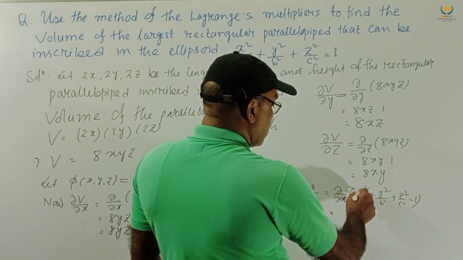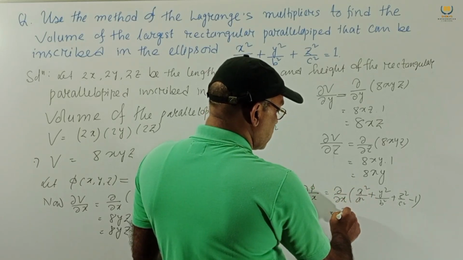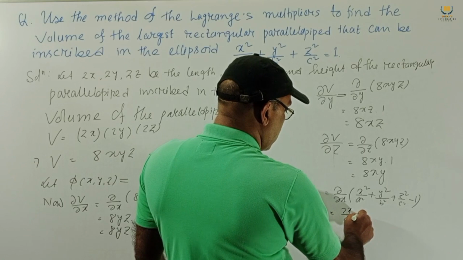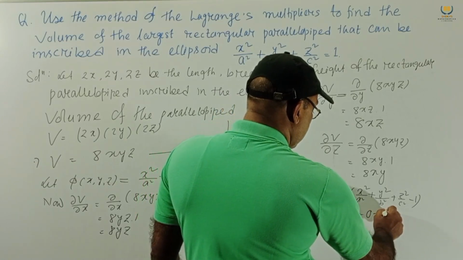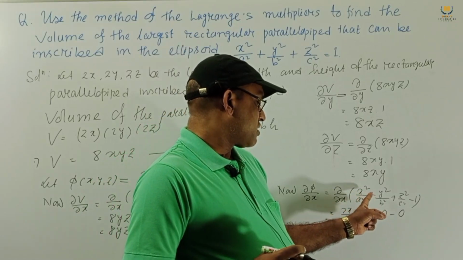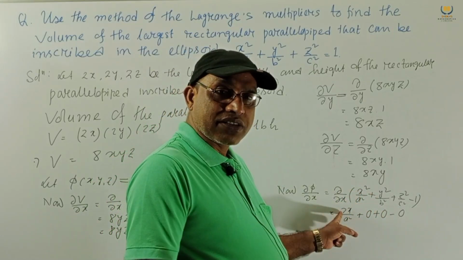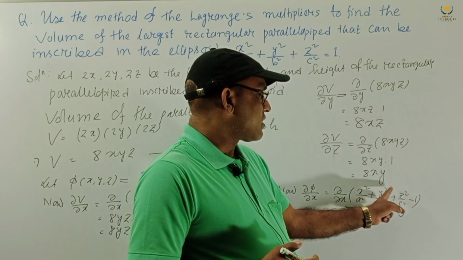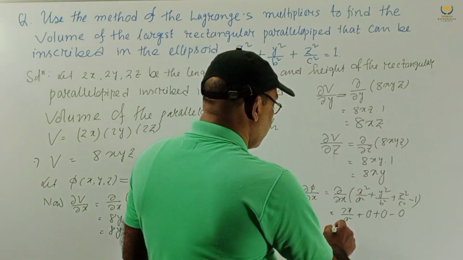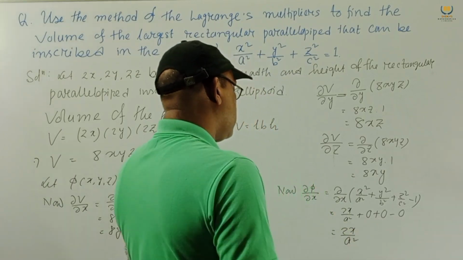If we differentiate partially with respect to x, x square is variable, then d by dx of x square means 2x. The others are constant, 0 we get. Ultimately we get 2x by a square.